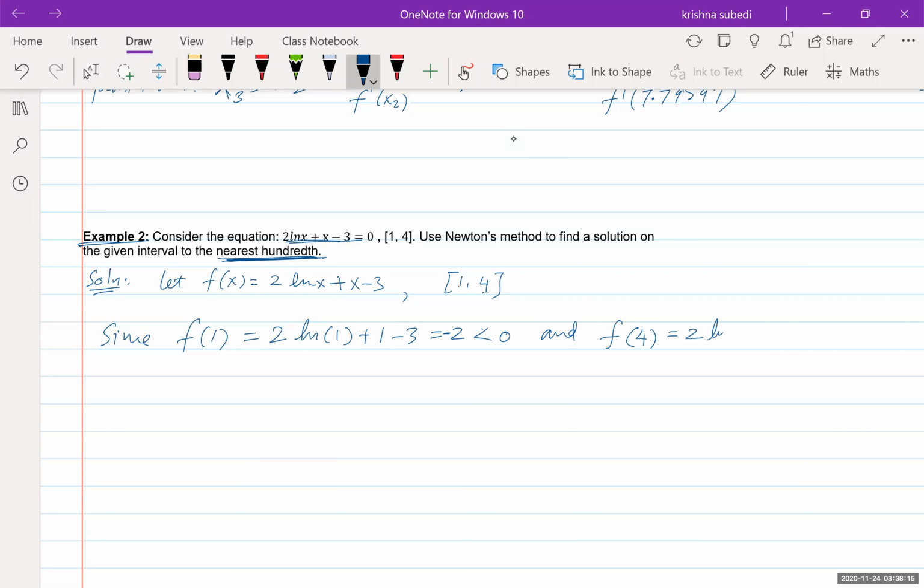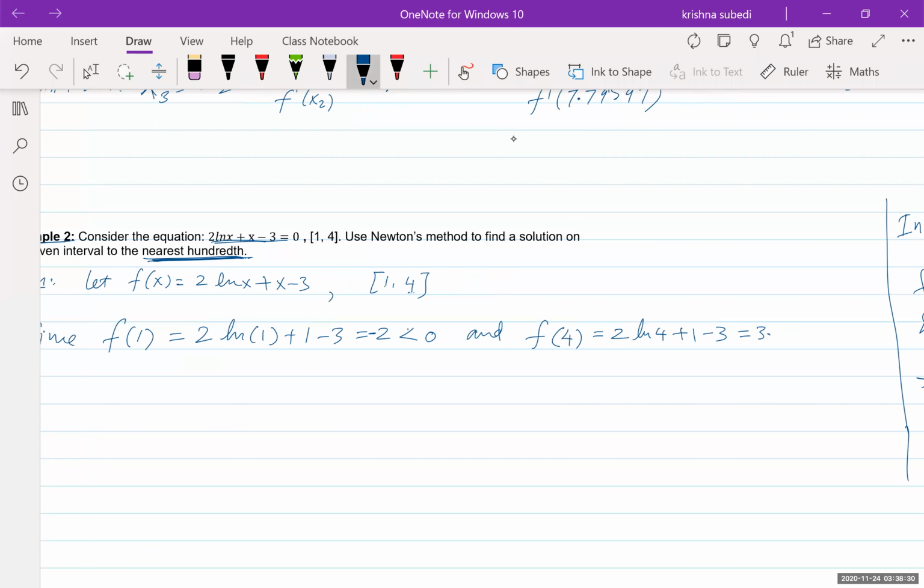You're going to get 2 ln 4 plus 1 minus 3. Definitely this is positive. I think this will be approximately 3 point something. Let me see what my calculator tells me. My calculator gives 3.7726, which is positive.